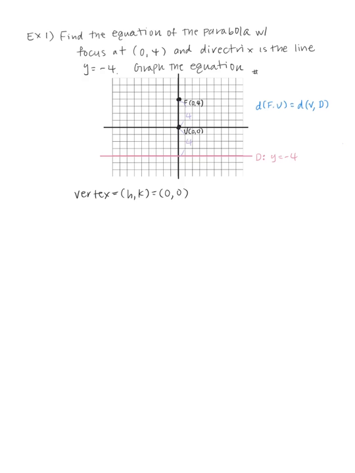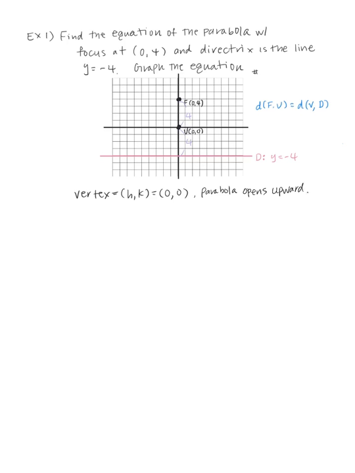Now can you tell which way the parabola is going to be opening? It's going to open upward because the focus must sit inside of the parabola. Let me just jot that down.